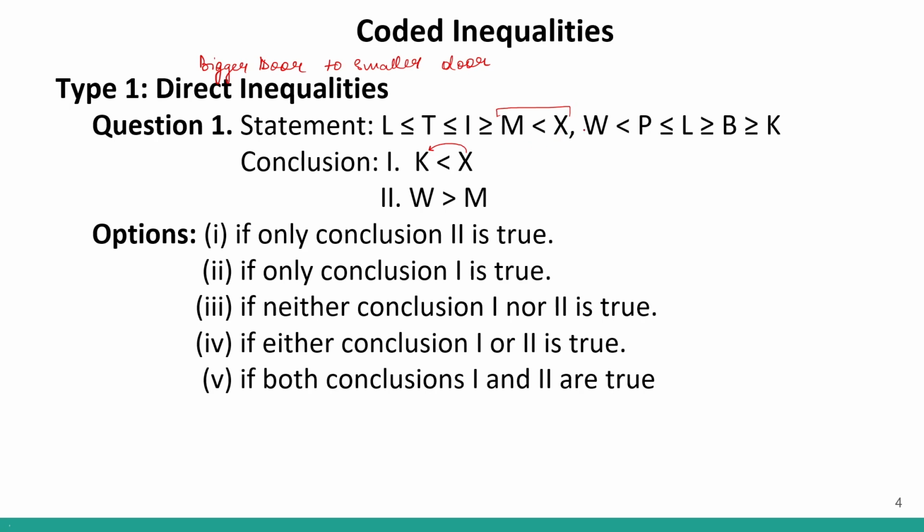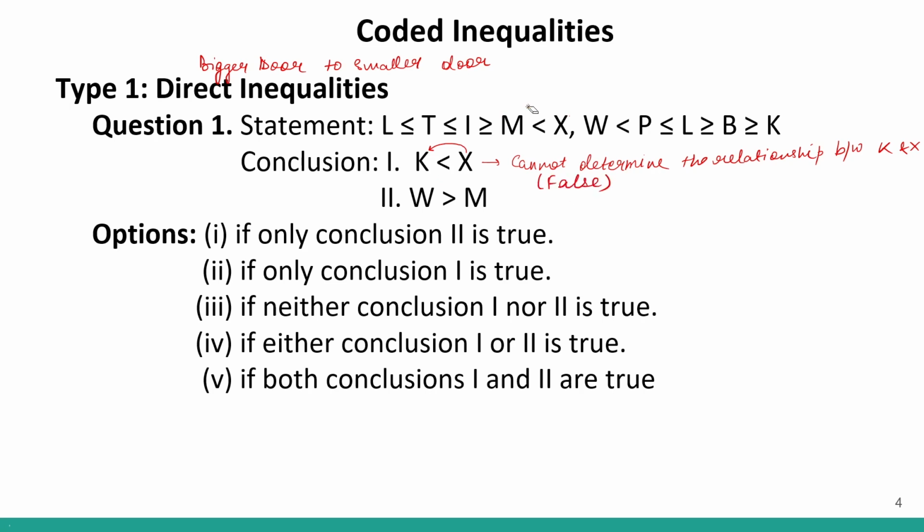Do we have a relationship between M and K anywhere? No. So we cannot determine the relationship between K and X. If the relationship cannot be determined, this is definitely false.